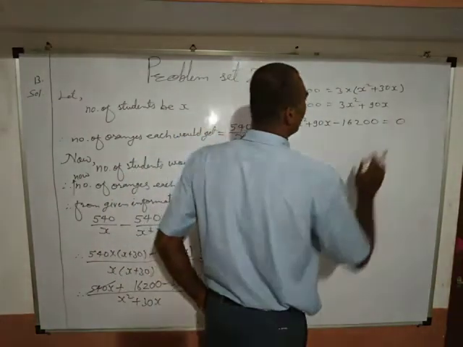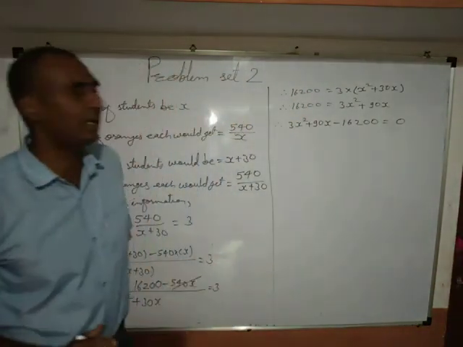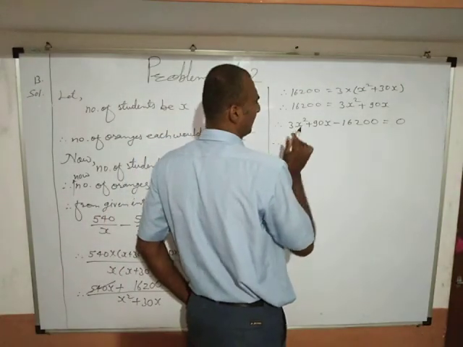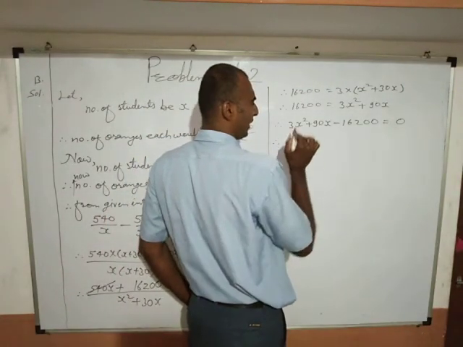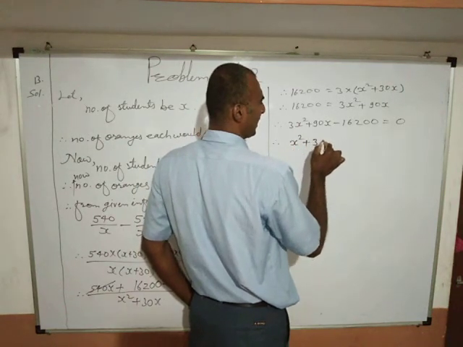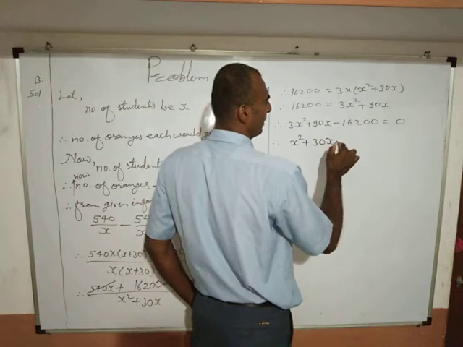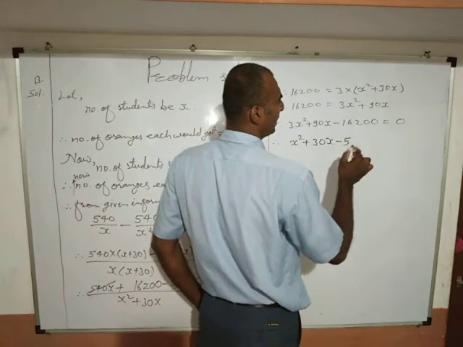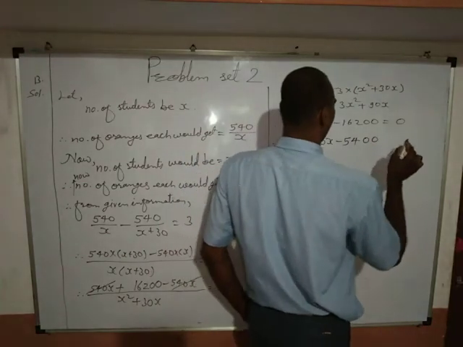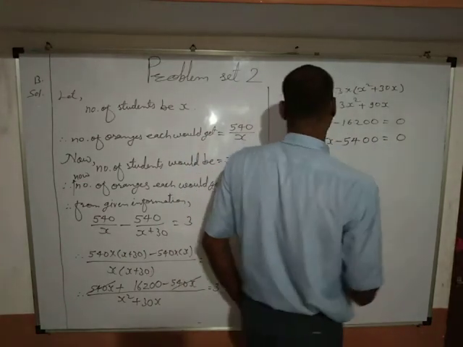Now this equation is completely divisible by 3. Dividing both sides by 3 we get 3x square divided by 3, 3 1s are 3, means x square plus 3 3s are 9, 30x minus 3 5s are 15, 3 4s are 12, 3 0 0, equals 0.